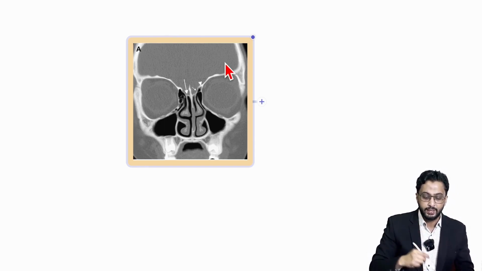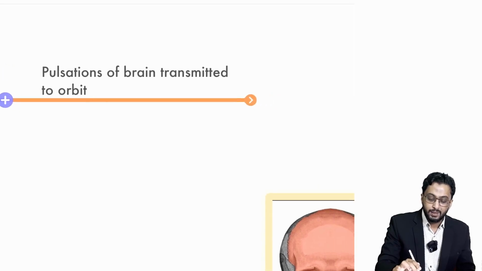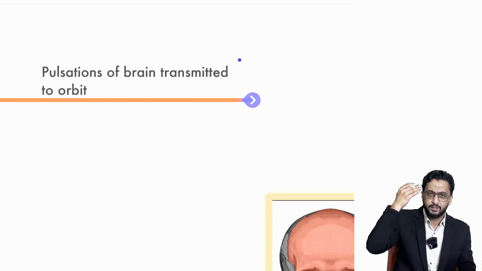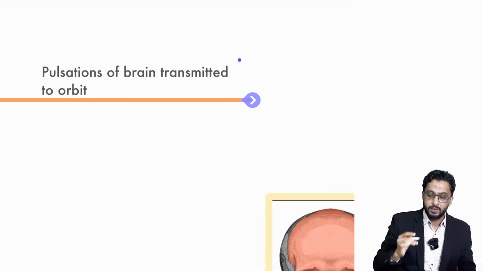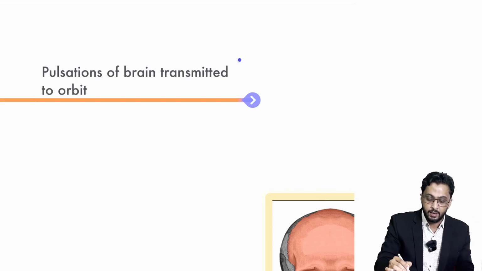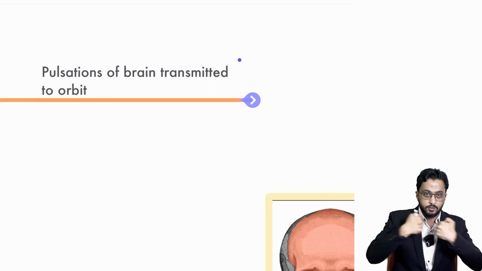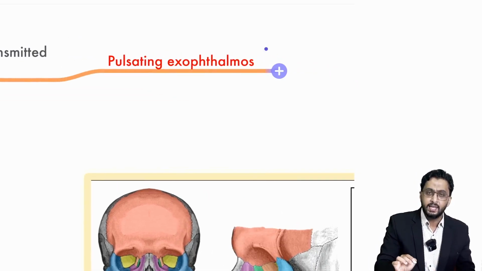What is the problem with that? There's a typical term to know. There's a pulsation of the brain, because dura mater is attached to the brain: dura, arachnoid, pia. So the pulsations of the brain, any blood vessel pulsations of the brain, are transmitted directly to the orbit because of the adherence. This is called pulsating exophthalmos.